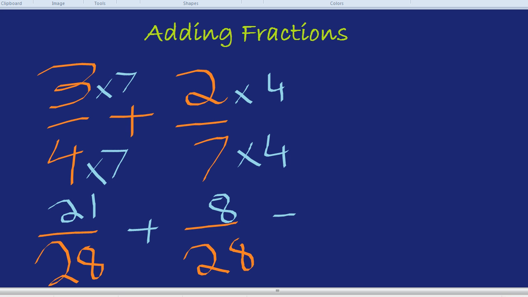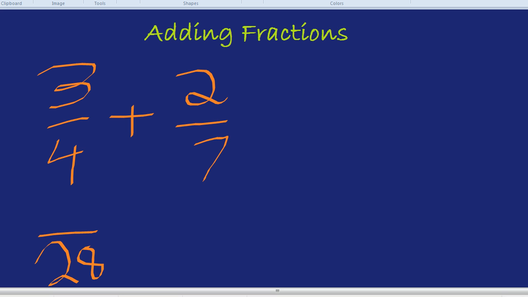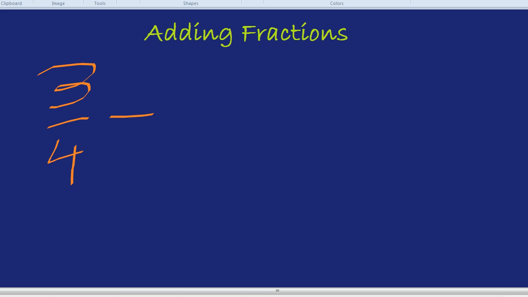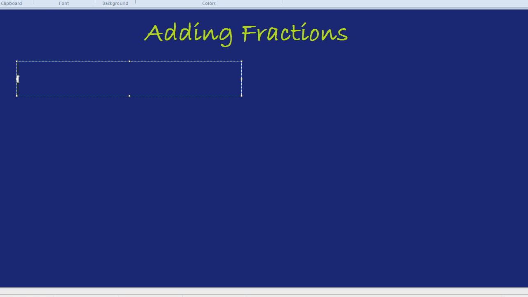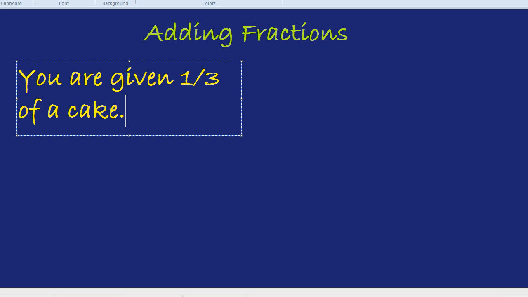Let's do one final example. This time, let's imagine we have a question about cakes. You are given 1/3 of a cake.